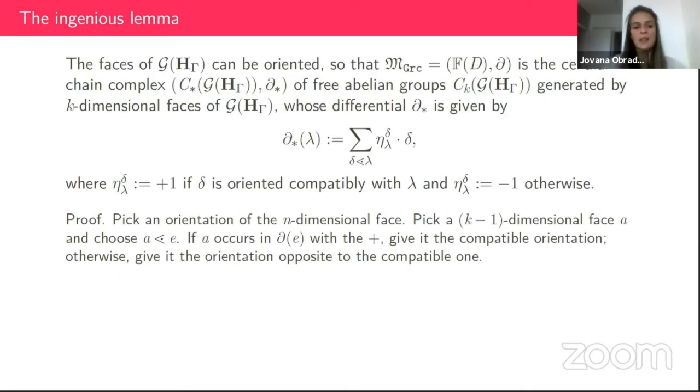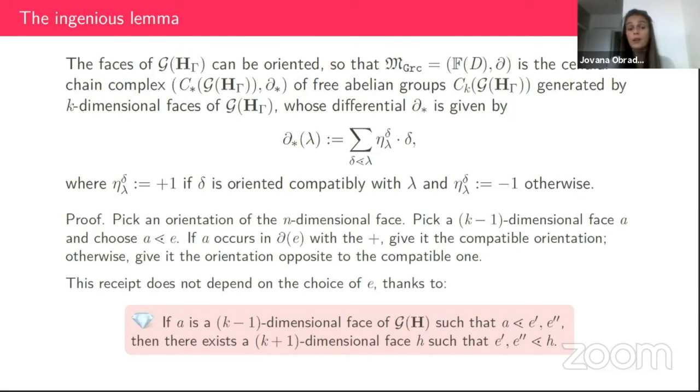So you can see that this recipe really forces the differential of the associated cellular chain complex to act in exactly the same way as the differential of our minimal model. So there is really nothing deep happening here, but actually the trick is to show that this recipe does not depend on the choice of this face E here. And we prove that thanks to a very nice property, which we show to be satisfied by our realization.